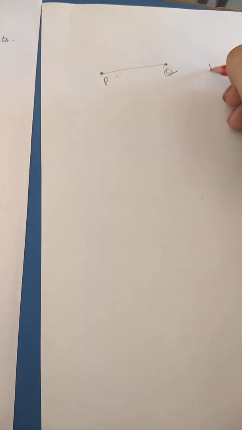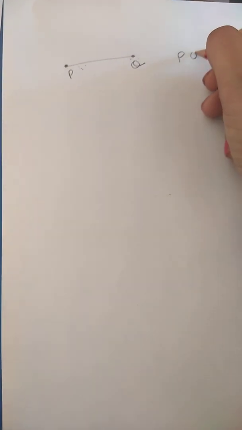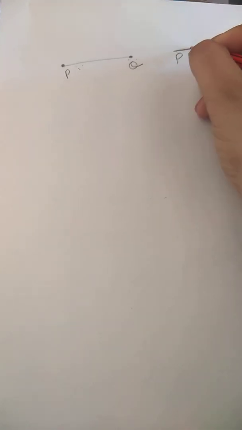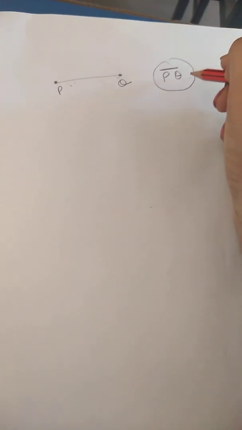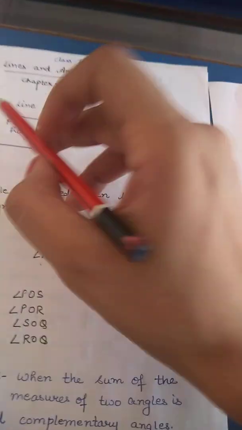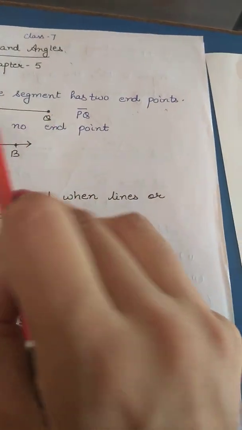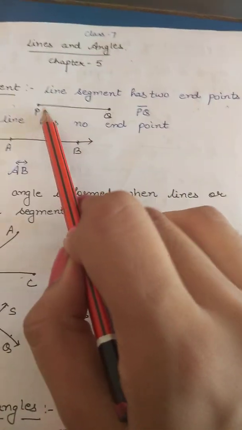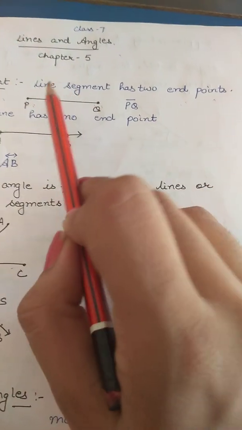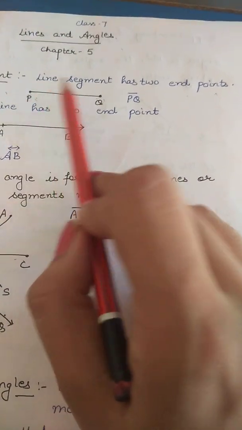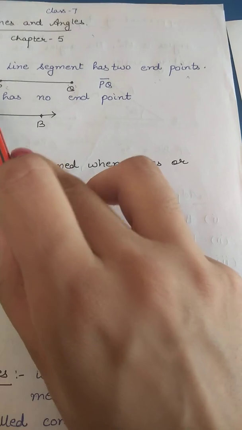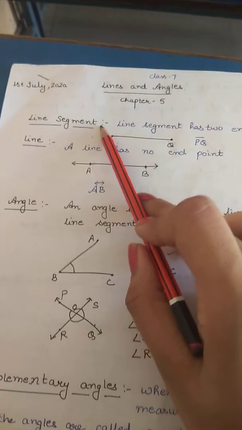So, a line segment can be written as PQ. This is the symbol of a line segment, PQ. So what is a line segment? When the lines stop at two different points, P and Q are their stopping points. So when in a line you have two endpoints, then that line is called a line segment.